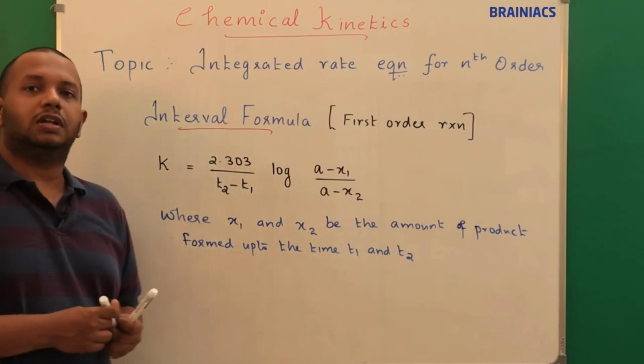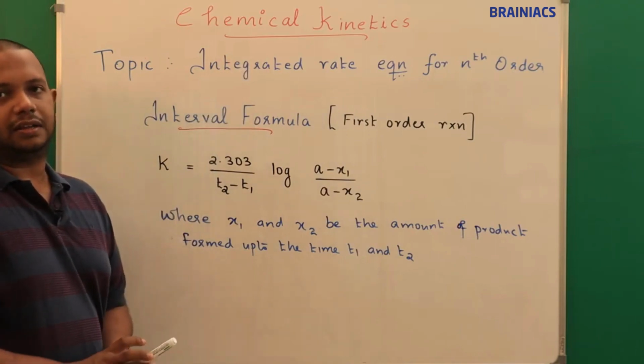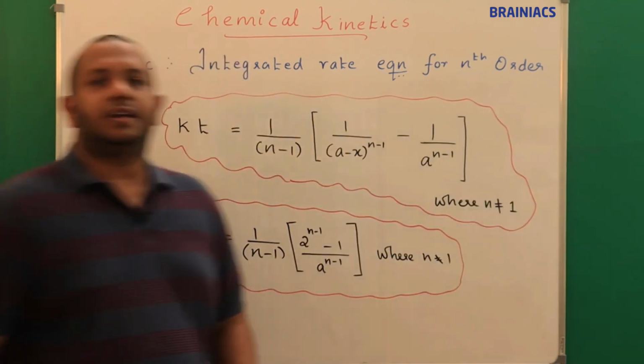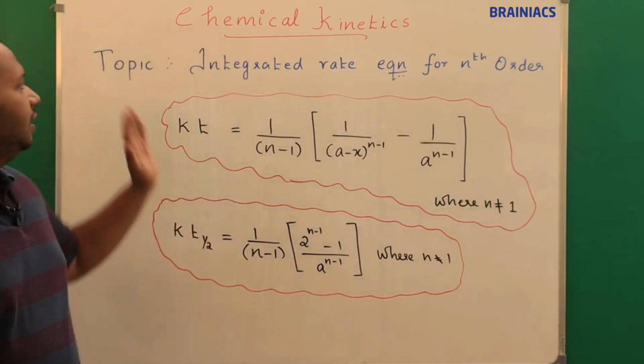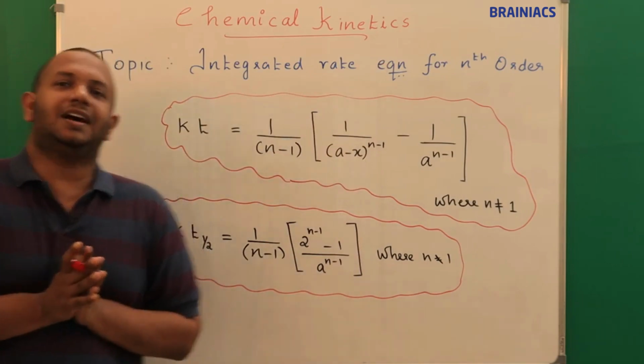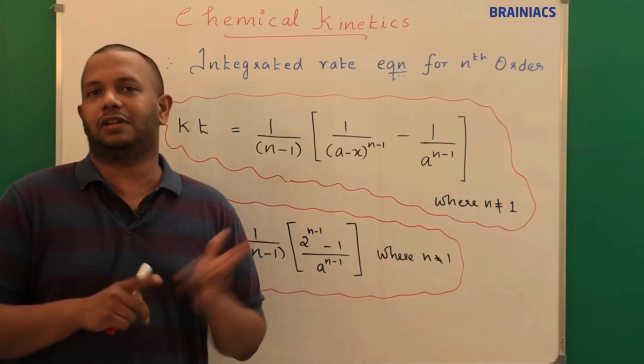Now we will go for the integrated rate equation for the nth order kinetics. I hope this much is clear for you. Okay, so next we are going to see the integrated rate equation for an nth order reaction. Usually in NEET up to now they have not asked beyond zeroth and first order.